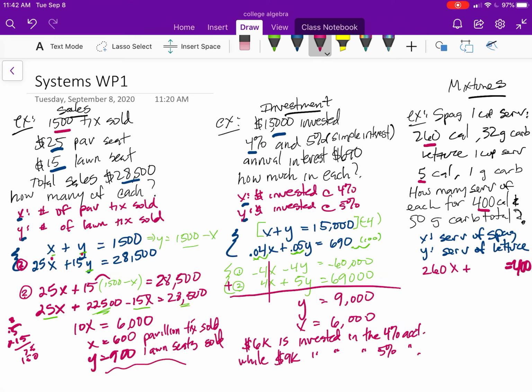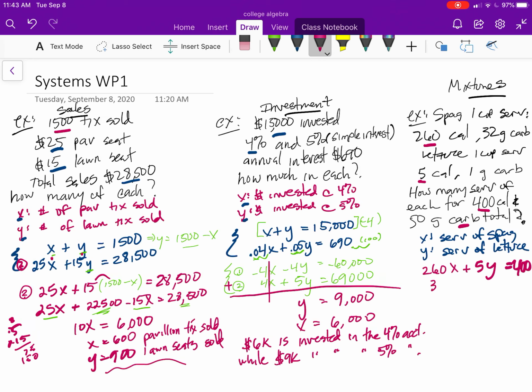So that's the other thing with these, often try to create your 2 equations. I know I have calories and carbs. Those are my 2 equations I'm trying to create. So 260 multiplied by x for the spaghetti plus 5 multiplied by y, however many servings of lettuce, will give me 400.